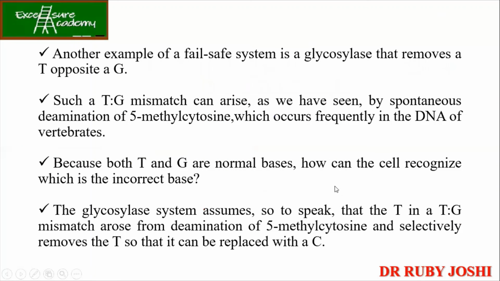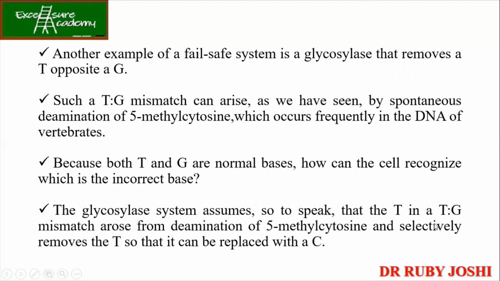In the same way, another example of a fail-safe system is the glycosylase which removes T opposite to G. Such a TG mismatch can arise in the case of spontaneous deamination, where 5-methyl cytosine can become T. But T and G are normal bases, so how will it be recognized?